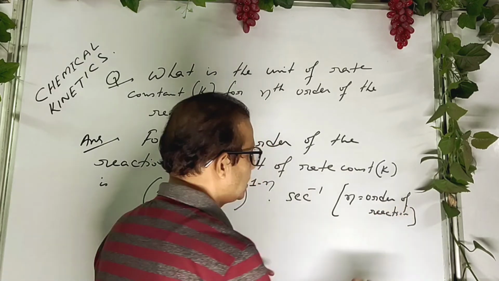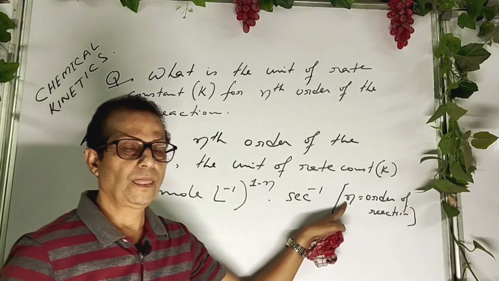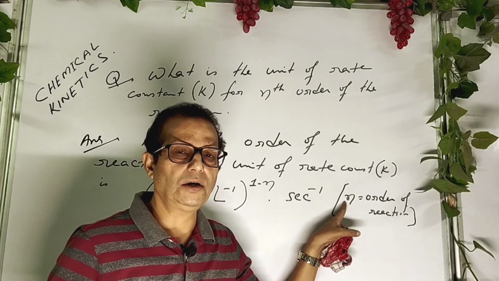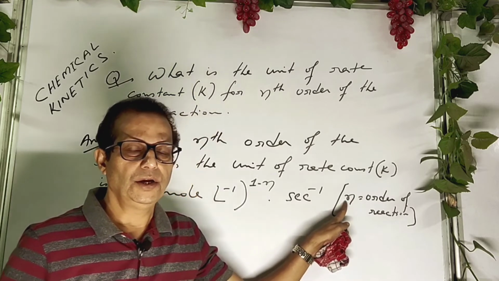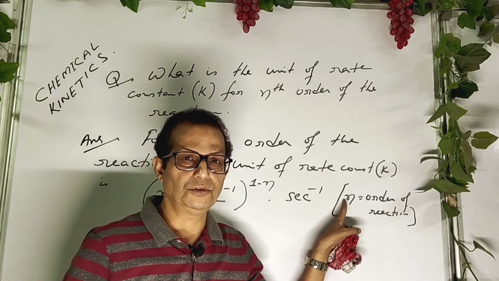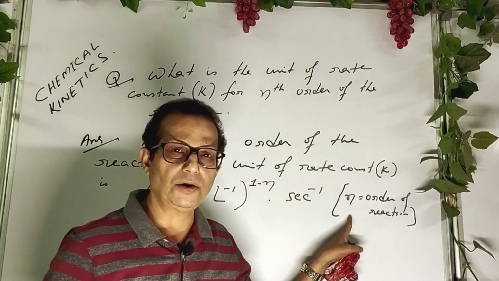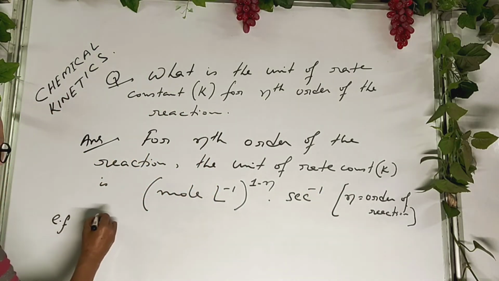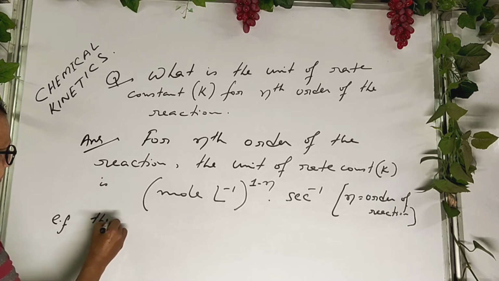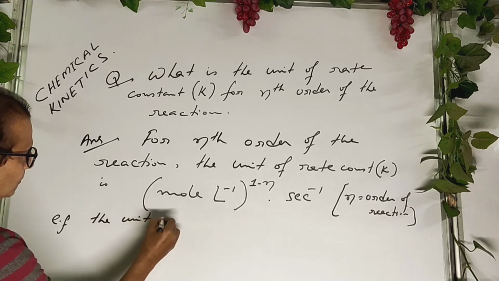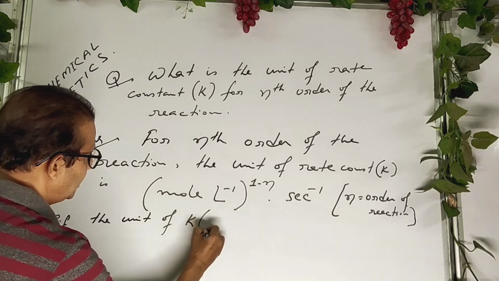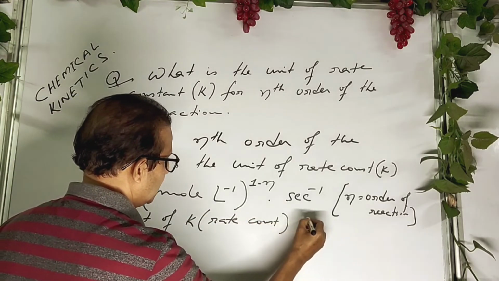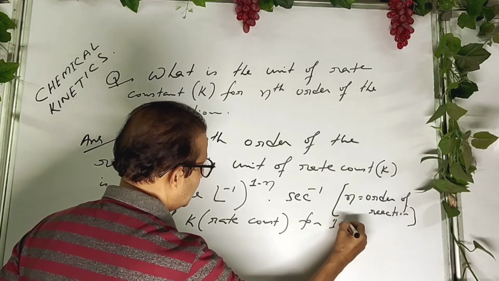For first order reaction, n equals 1, for second order, n equals 2, for third order, n equals 3, for zero order, n equals 0, for fractional order given. For example, the unit of K, that is rate constant, for first order reaction.